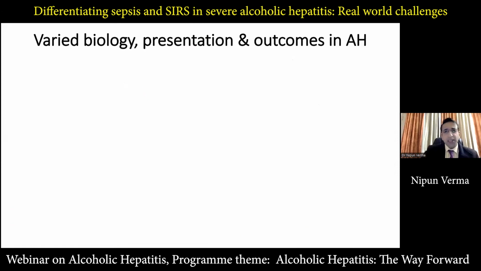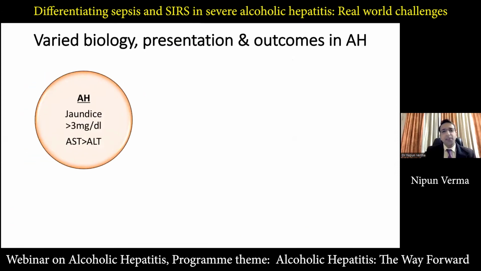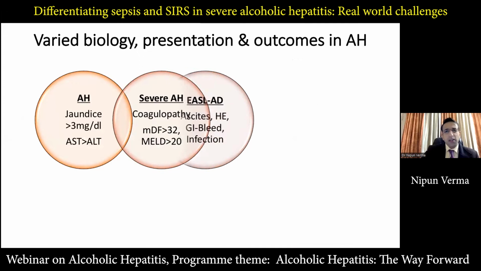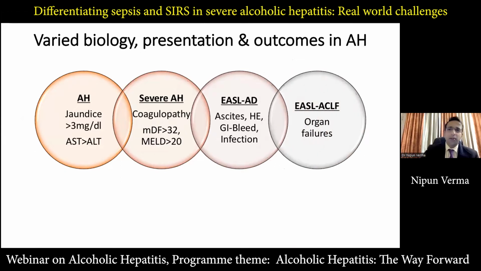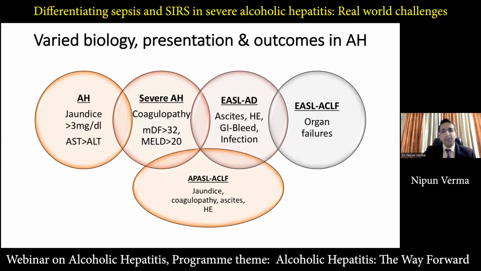Adding to the heterogeneity, alcoholic hepatitis can present in different shapes and forms. It can present as mild alcoholic hepatitis, severe alcoholic hepatitis, with acute decompensation, with ascites, HE, GI bleed or infection, or with organ failures. On top of it, patients can have a first-time presentation without underlying chronic liver disease, as in APASL-ACLF.